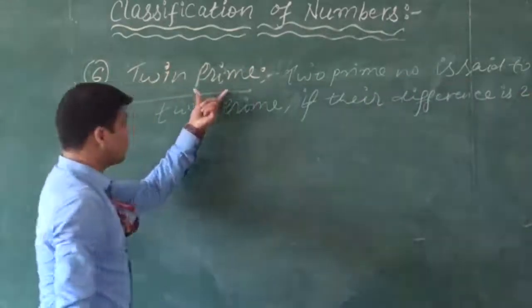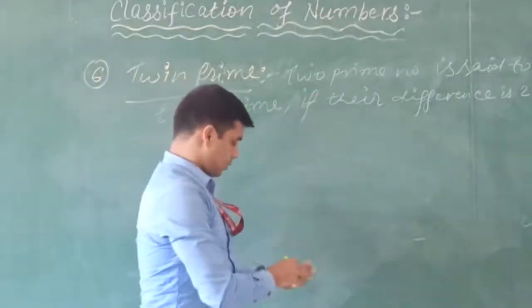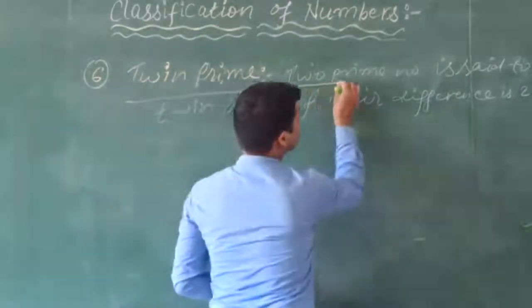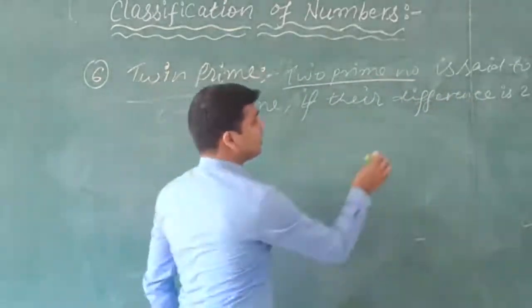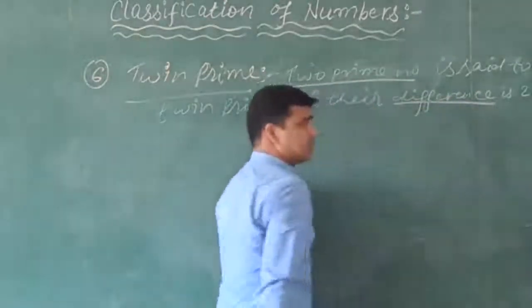See this here, twin prime, 2 prime numbers, twin prime. So twin prime is 2 prime numbers are said to be twin prime if their difference is 2.